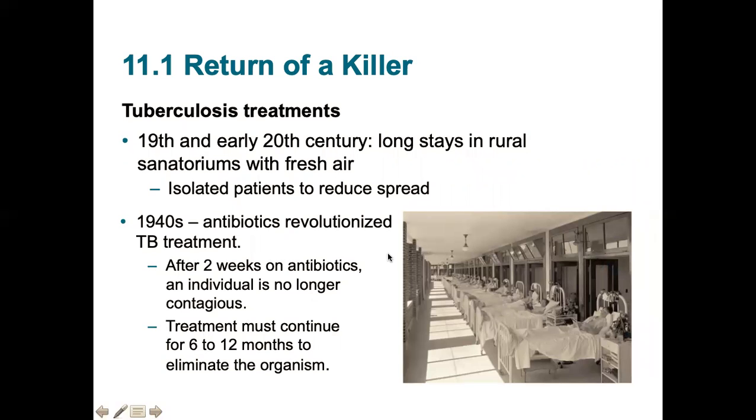This is a sanatorium. Of course, it didn't look like that when I was there. But people really tried to combat this with these sanatoriums. They thought that fresh air would work, and it does, because the air would dilute the aerosol droplets and prevent person-to-person transfer. Of course, it's not going to make the individual who is infected any better.